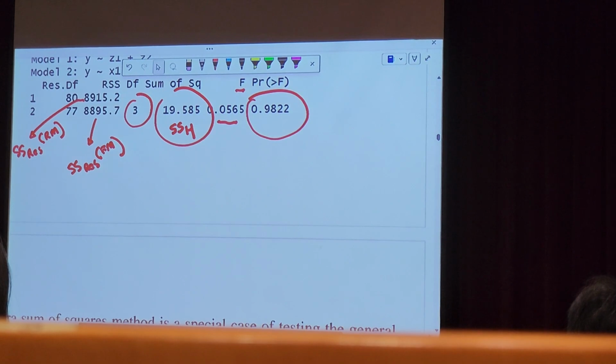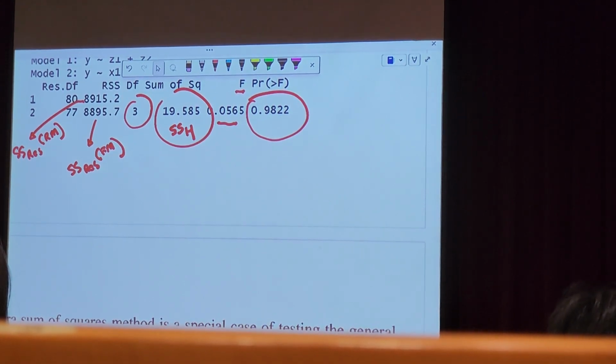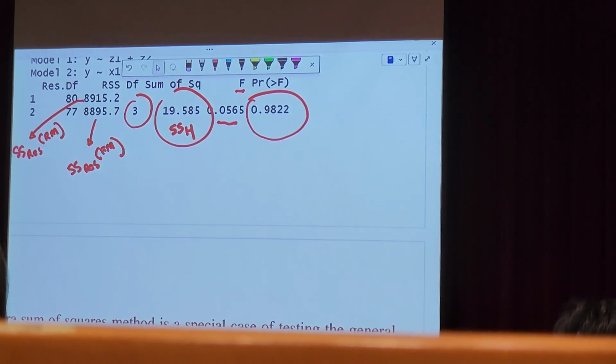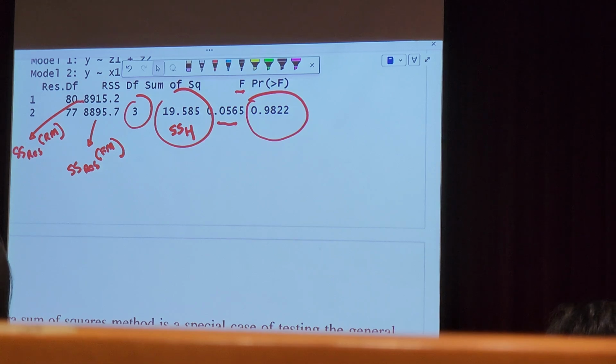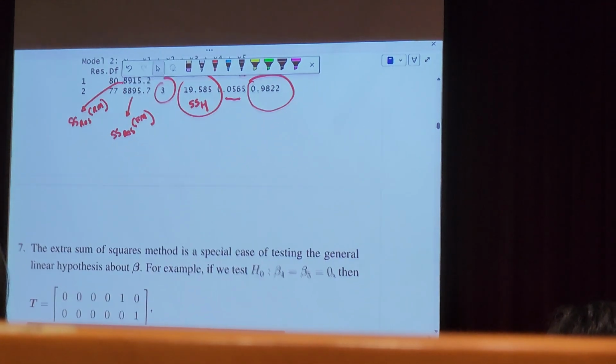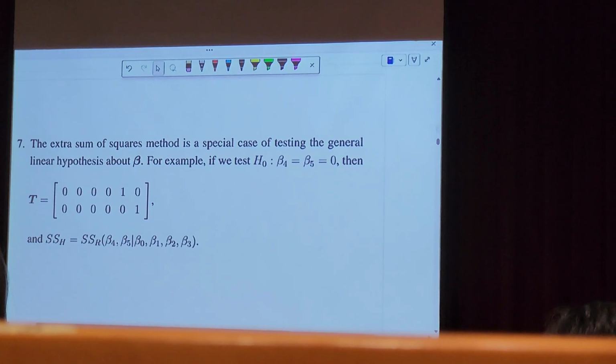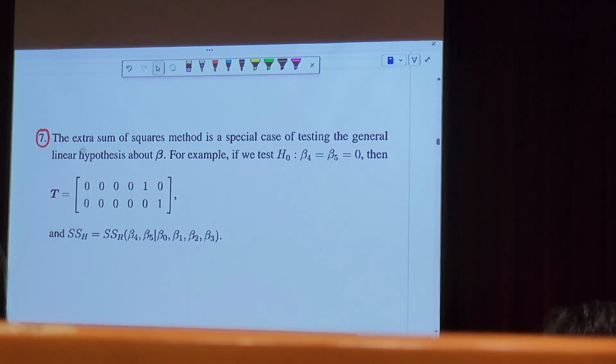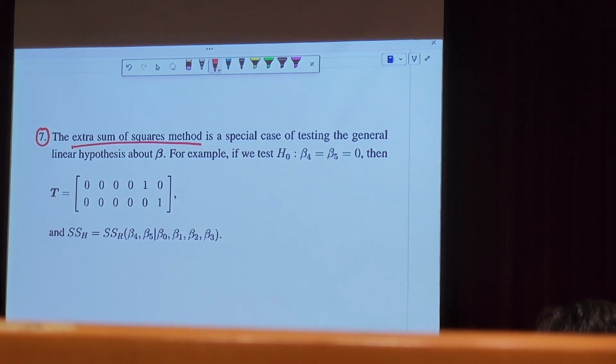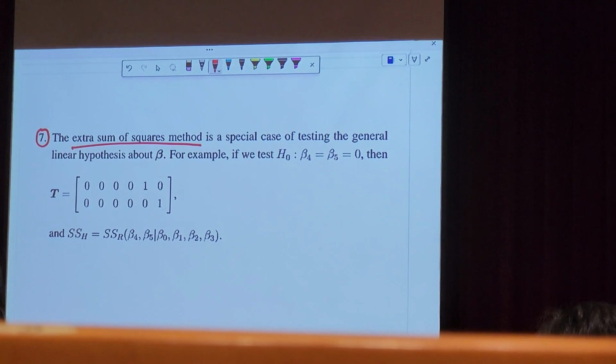So I've gone through this whole procedure with an example to illustrate how you can test general linear constraints on betas. Okay? The next point that I want to make is that this extra sum of squares method is actually a special case of testing the general linear hypothesis about beta.